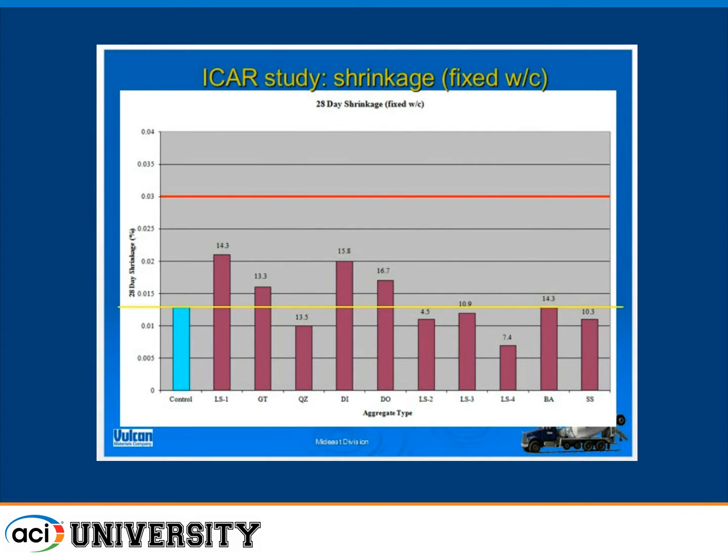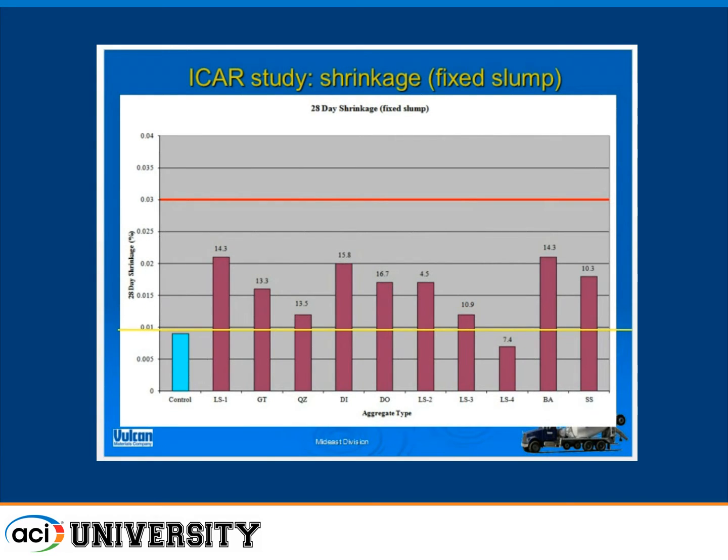While the natural sand has lower shrinkage than the manufactured sand, even with this number 10 screenings, the shrinkage is well below most specification limits. Likewise, with the fixed slump, you get a different shrinkage performance, but again, they're all less than 0.03.